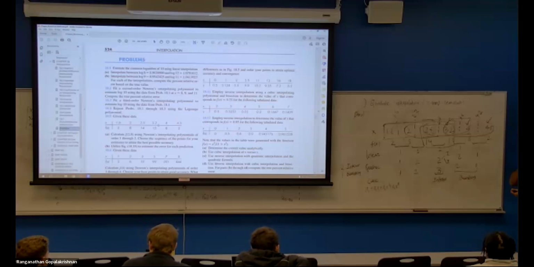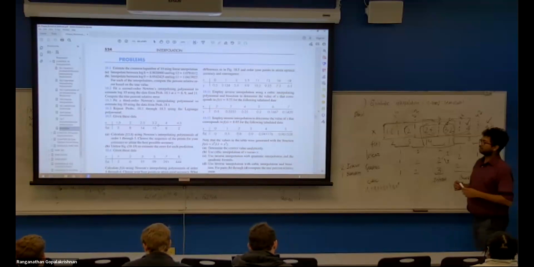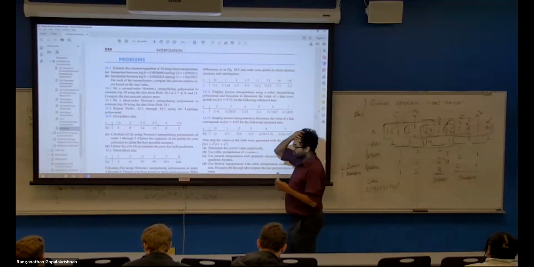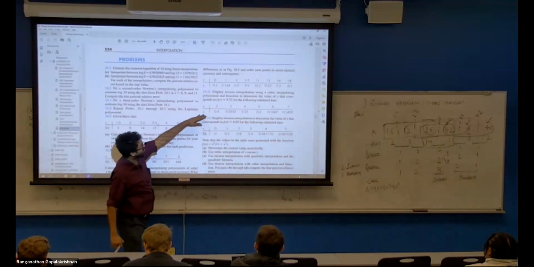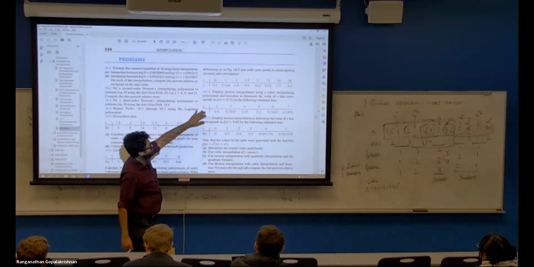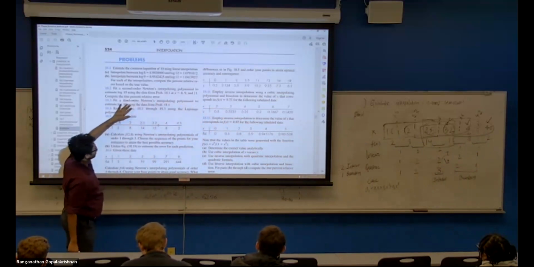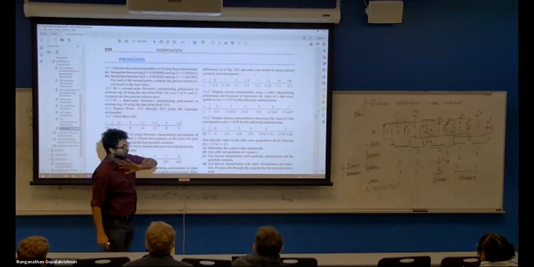So this is covered in section 18.1 and 2. And what I want you to be able to do is take any table of data given in this set. Don't worry about the Newton formula or inverse interpolation. Those are things we didn't discuss.